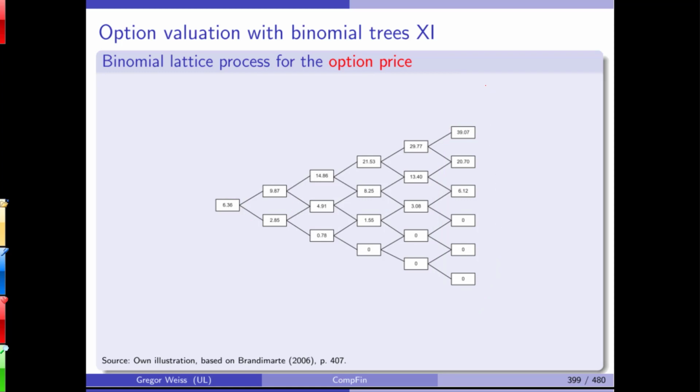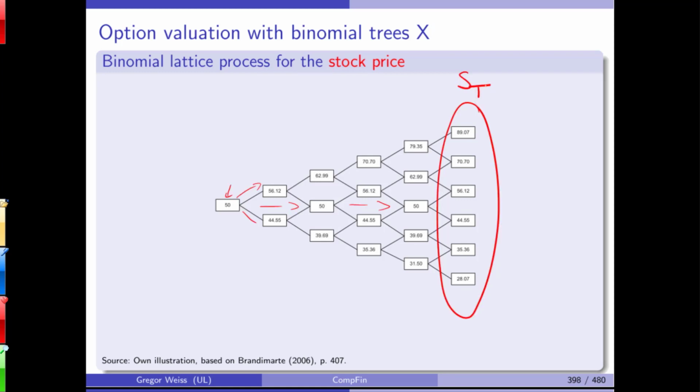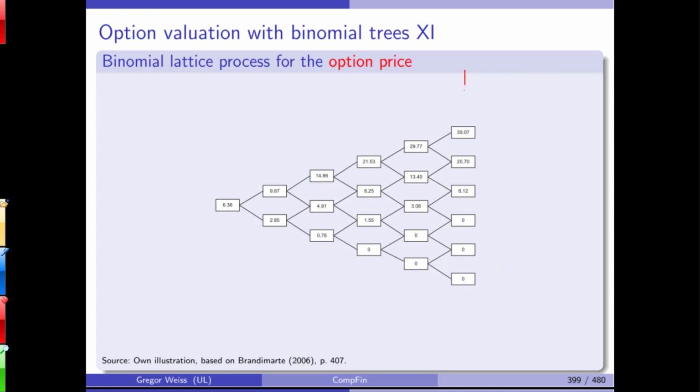For the option price, we have to do what? Minus 50. So here, this is very simple. You take ST minus K and you get this. And then you go backwards, and in the end you get an option price of 6.36.